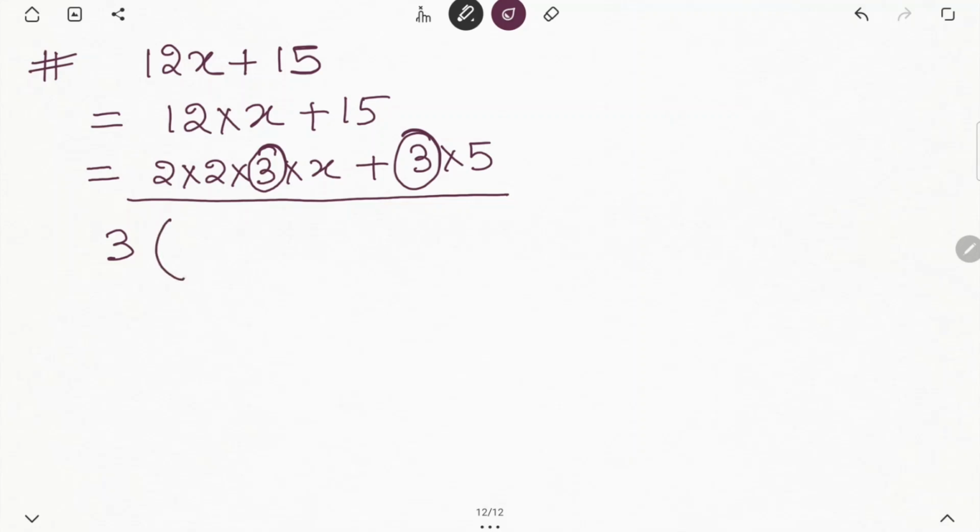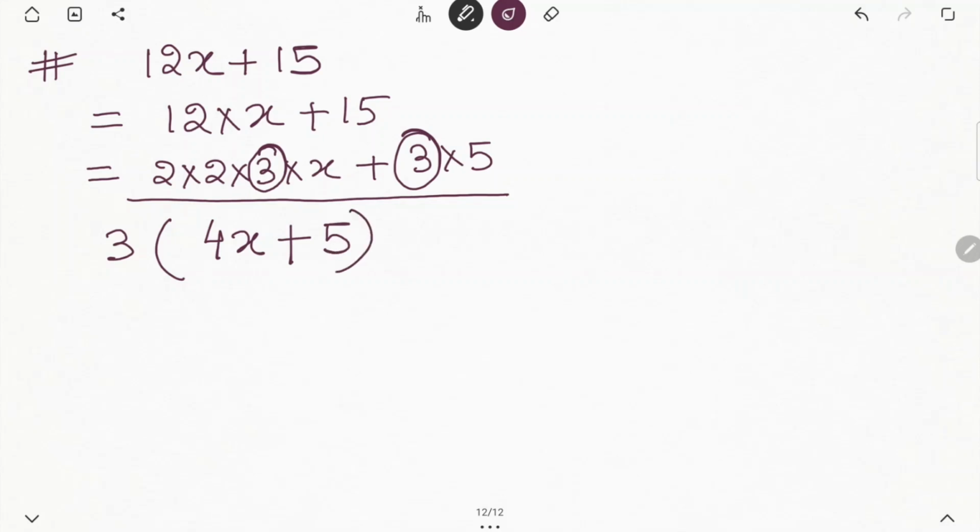Now from each term, I write the remaining part. After taking out 3 from the first term, what is left behind? 2 into 2 into x, that means 4x. And after taking out 3 from the second term, I have 5.